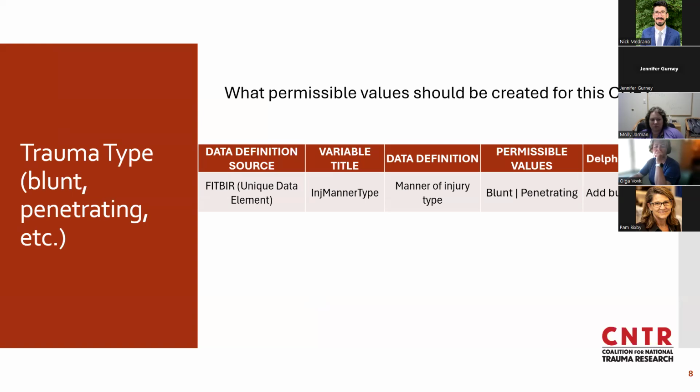This element as it exists currently is what's called a unique data element, which means it hasn't been formally adopted by FITBR yet. So we're interested in getting some feedback on what options, what permissible values, the group thinks are valuable for this particular data element.